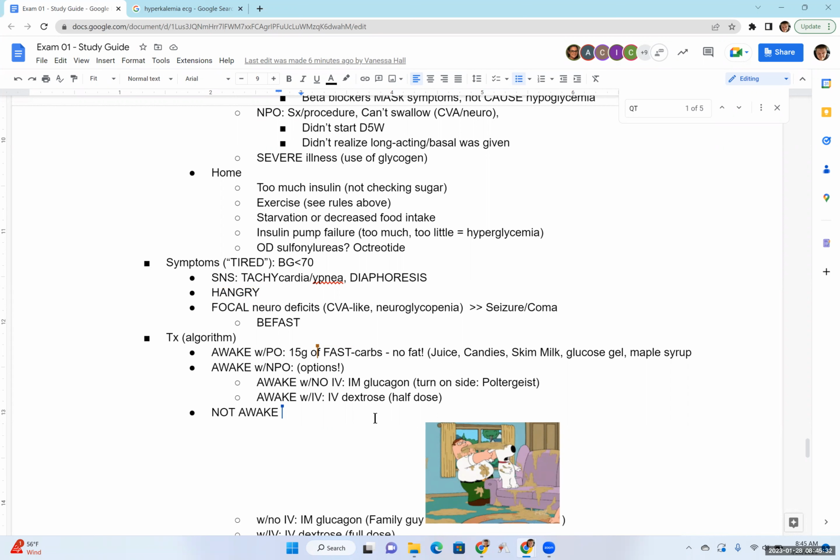And they were still getting their long-acting insulin, such as what? Lantus, there's no brand names on the test. Glargine, right? Not glulisine, but glargine, right? So they got their long-acting insulin the night before, and now they are hypoglycemic because someone discontinued or reduced the steroids. And yeah, so there's other causes there, right?